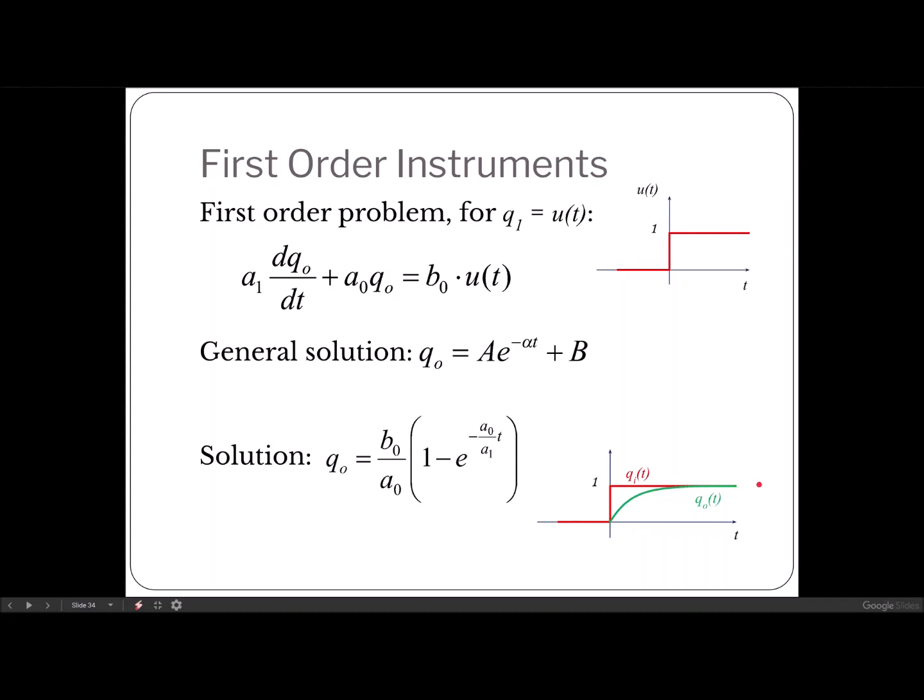It means when you measure Qi, the output of your sensor will not immediately show the real entity that you measure, but it takes time to show the entity that you measure.